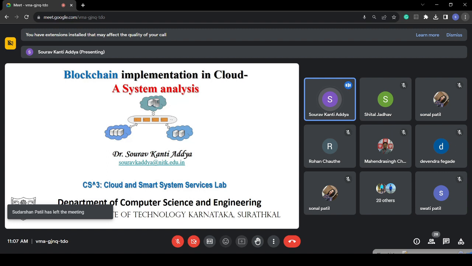My research area is distributed computing, especially cloud, serverless, edge, IoT, and blockchain. These are the few concepts I am teaching and researching, for more than 8 to 9 years.